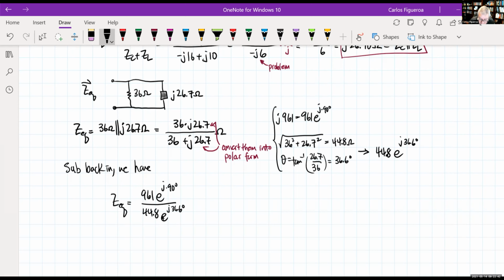If I compute this, this will give me 21.5 ohms e to the j 53.4 degrees, or I can equivalently write this as 53.4 degrees, and that's going to be Z equivalent.